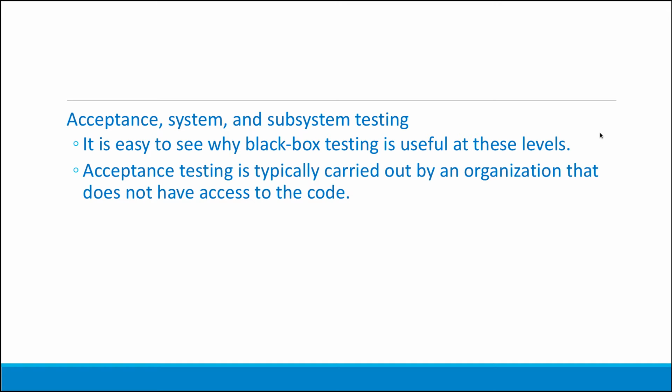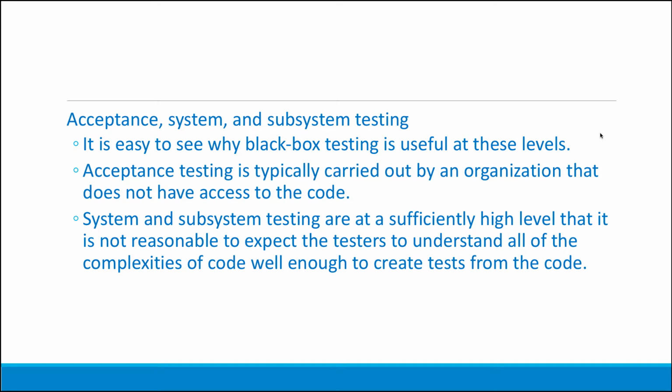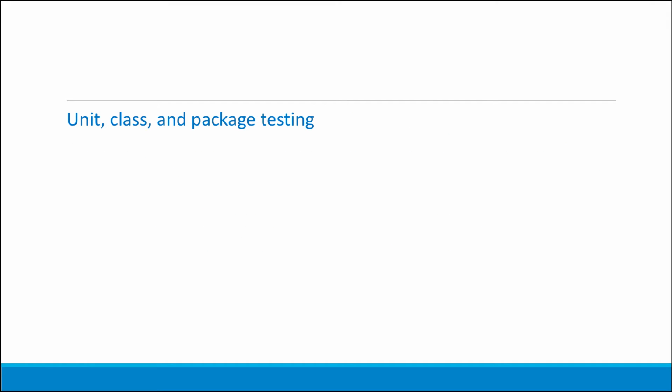Acceptance testing is typically carried out by an organization that does not have access to the code. System and subsystem testing are carried out at a sufficiently high level that it's not reasonable to expect the testers to understand all of the complexity of that code well enough to create tests from the code. Hence, in both these cases, black box testing is most appropriate.